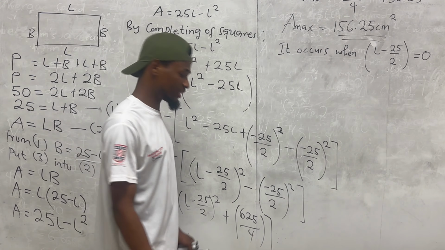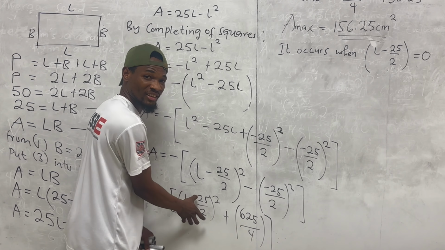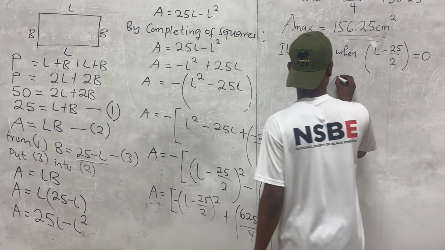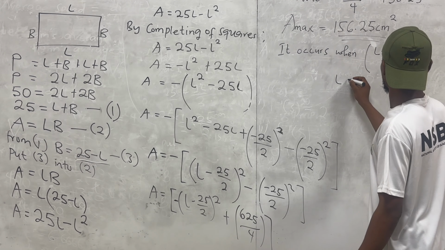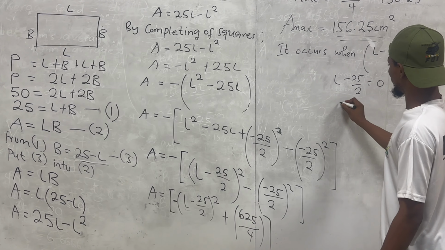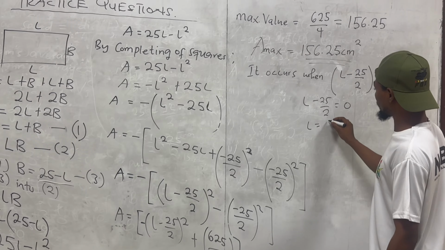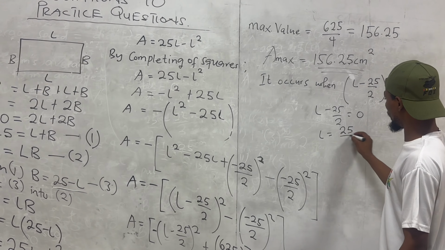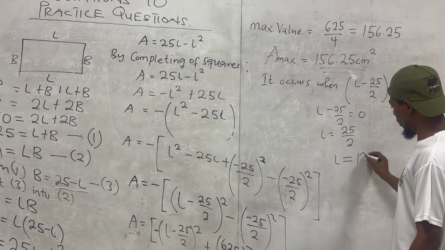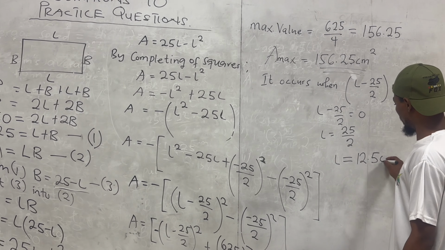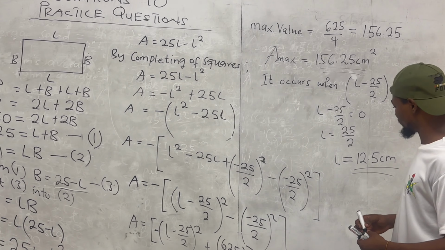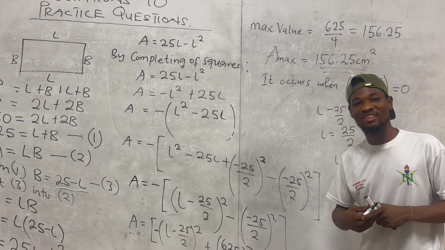Just equate the expression in the parentheses to 0. So L minus 25 over 2 is equal to 0, so L is equal to positive 25 over 2. So my L becomes 12.5 centimeters. As simple as that.